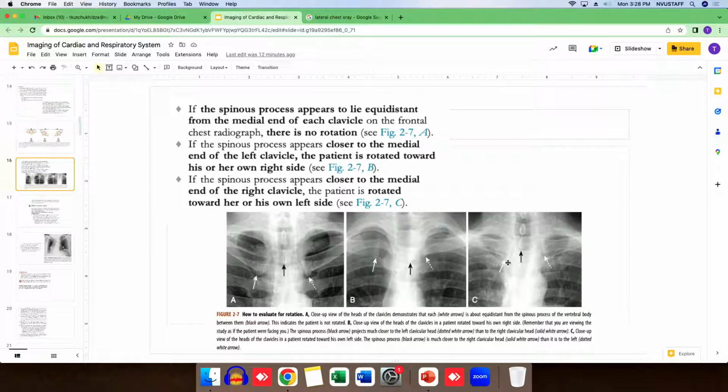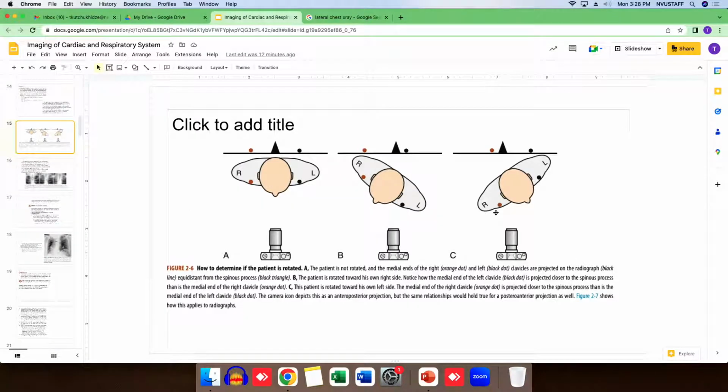And the third one, for example, if the spinous processes appear closer to the medial end of the right clavicle on this side, it means that the patient is rotated towards his left side, like this photo is showing us. Okay.